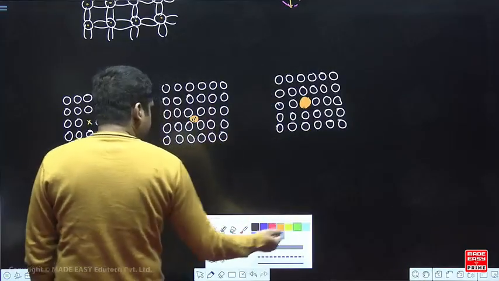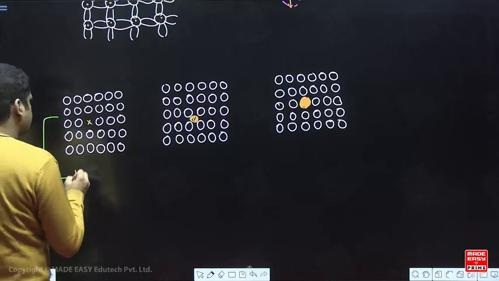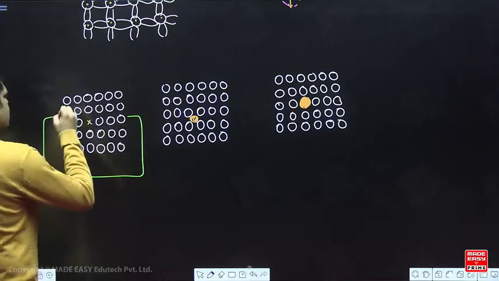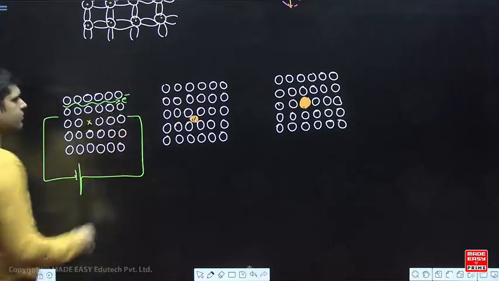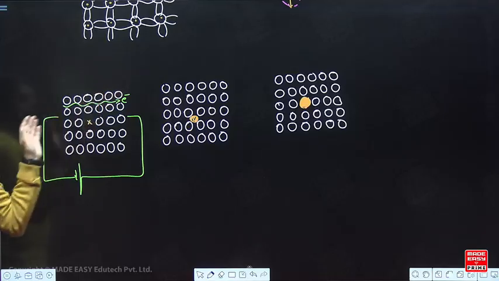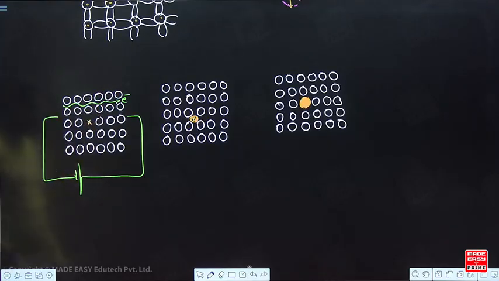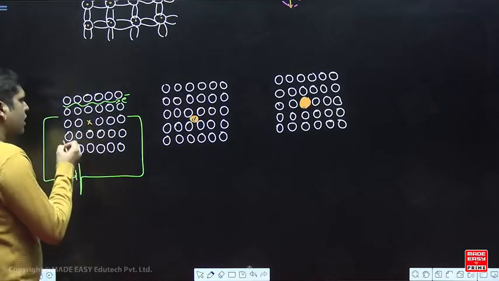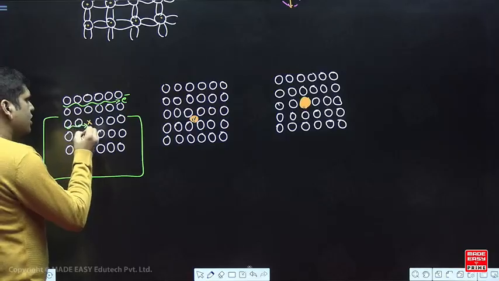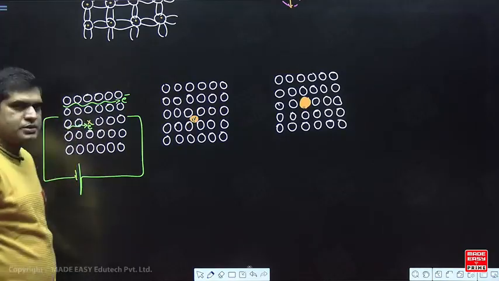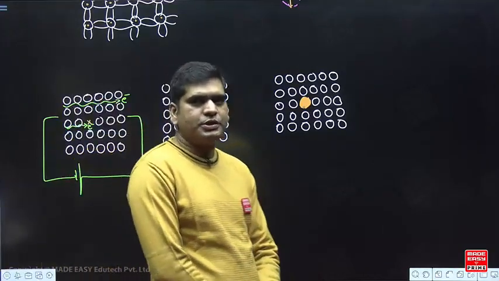Suppose you apply voltage and an electron starts to move from low to high potential like this. In an ideal crystal the electron moves from low to high potential, but if there is a vacancy, then the electron may get trapped in the vacancy. Its motion will stop here.